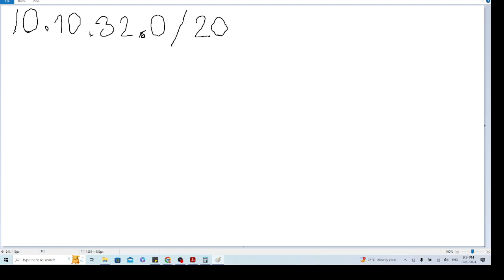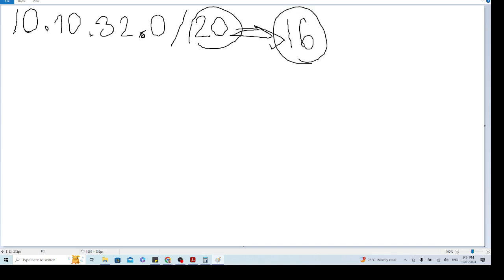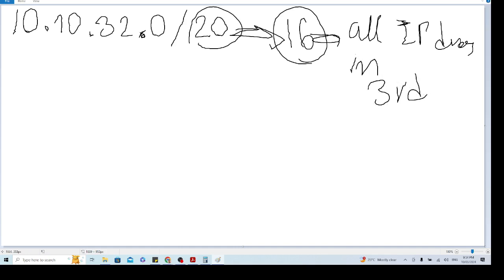So a slash 20, I told you in the previous mapping, is mapped to 16. This 16 has a lot of meaning. It is the number of IP addresses in the third octet. This is the third octet.